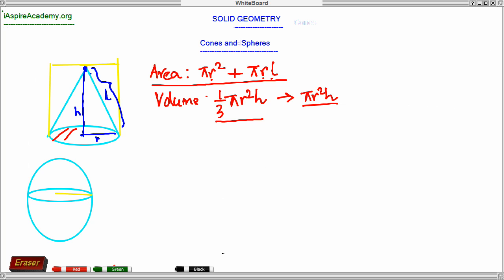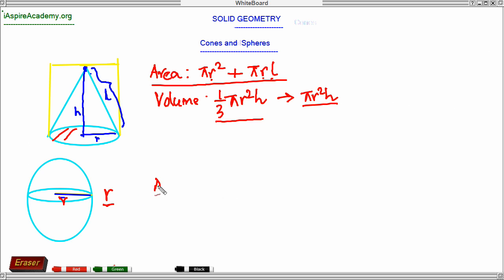For a sphere, there is only one dimension, which is r, the radius. All you have to remember is the radius. With that, you can find the area, the volume, or any other properties of the sphere.